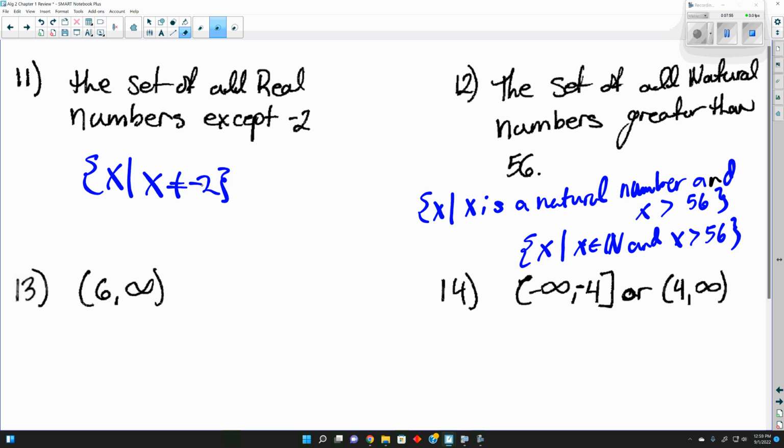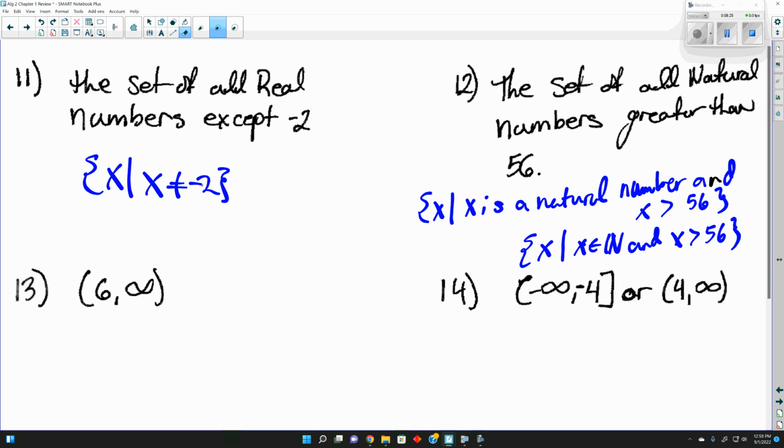Yep. Because it says it's a real number. Now, we could have said X is an element of the natural numbers such that X is greater than 56. That's the same thing. Because instead of saying, well, X for all real numbers X such that this is true, we already said it. We don't have to say it in the description. We just changed the set that we're looking at.